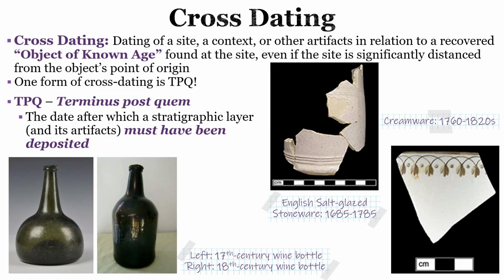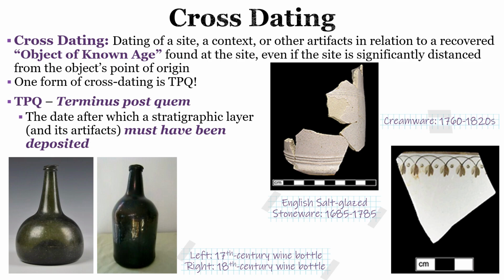Because rarely do we get things in an archaeological layer that all date to the same year. It would be nice if we had a layer and everything in it came from 1992. That would be awesome. And that never happens. It would be fantastic and it would make dating so wonderful.